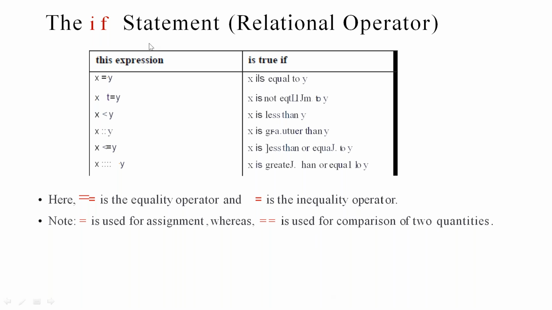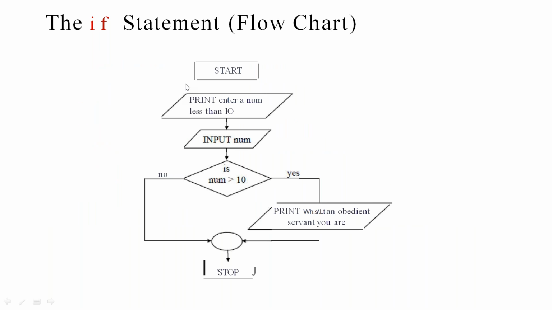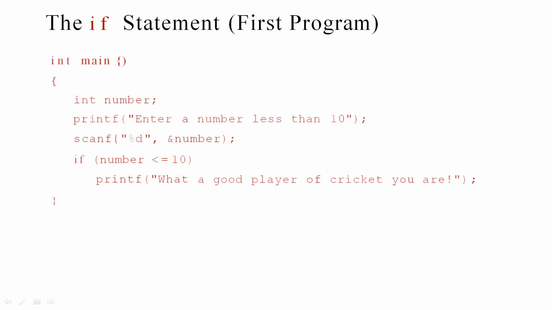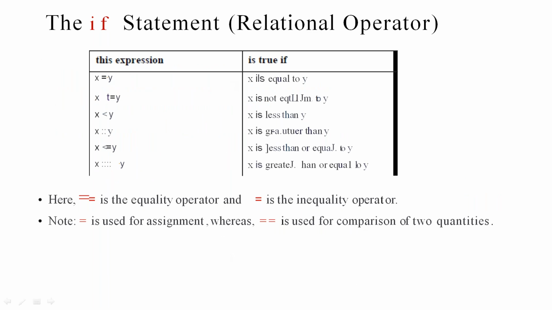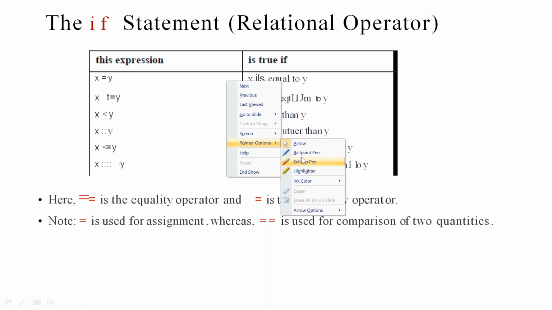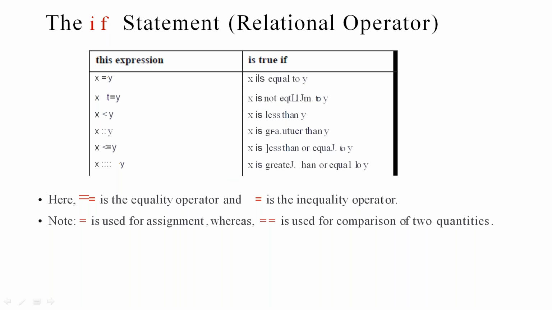Okay, so we were discussing this if statement, and we discussed that we need to check only inside the if condition whether the condition inside these braces is true or not.